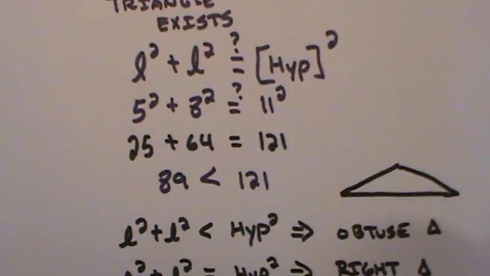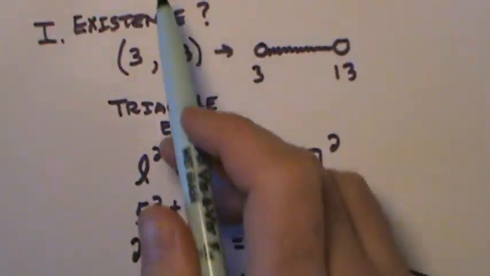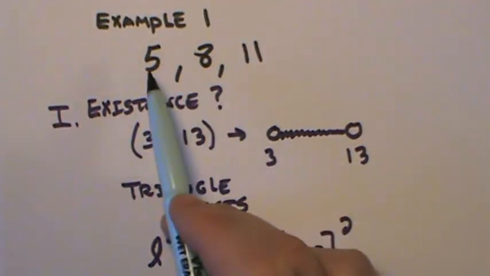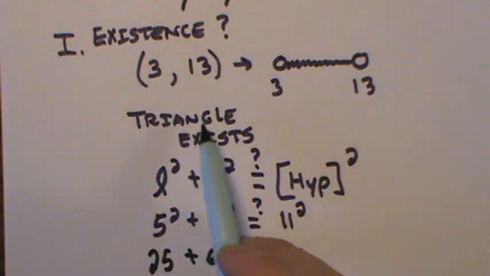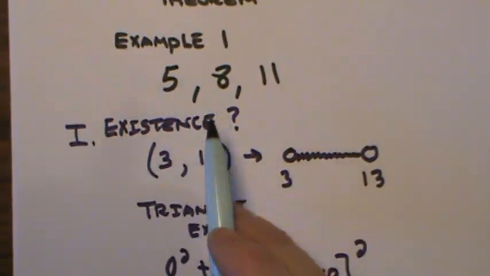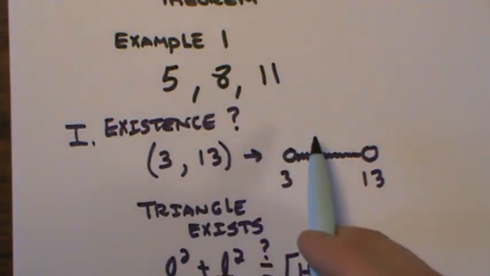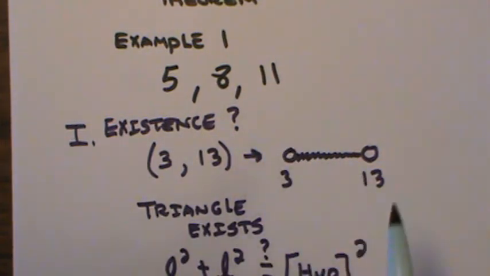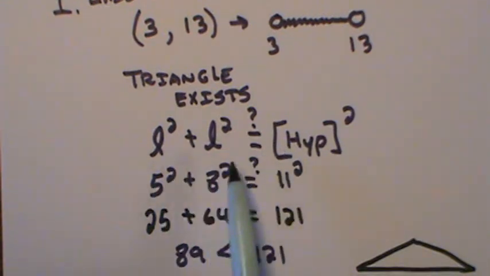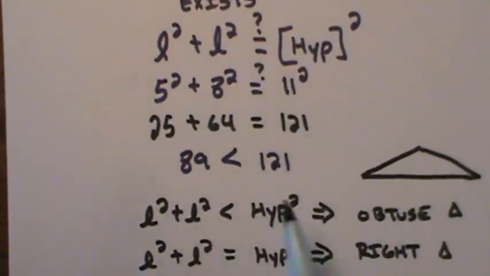Now as we go back to my first example here, I had this 5, 8, 11. I decided that I could create a triangle with those three sides. As I did the subtraction and the addition of the two legs, I found that the third side fell between 3 and 13, so the triangle existed. As I applied the Pythagorean theorem, I found that my legs squared were less than the hypotenuse squared.